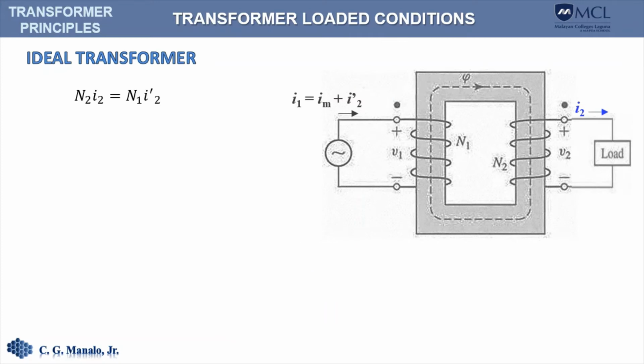So we then have this relationship: the MMF formed by the secondary current N2I2 is equal to the additional MMF formed in the primary.